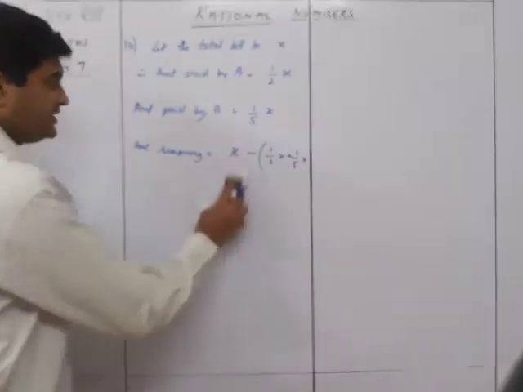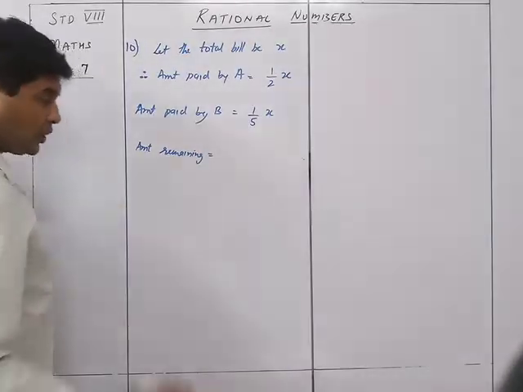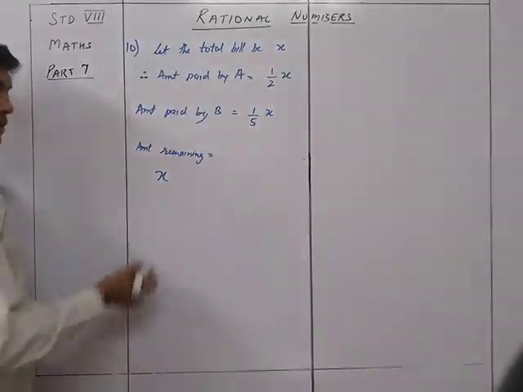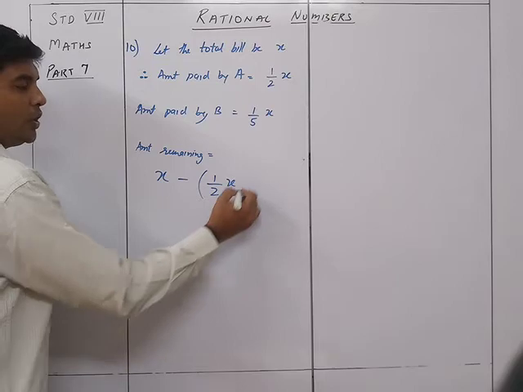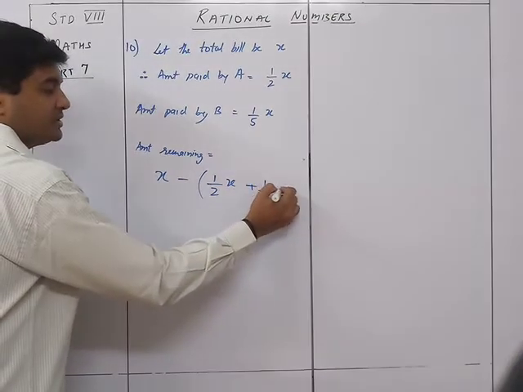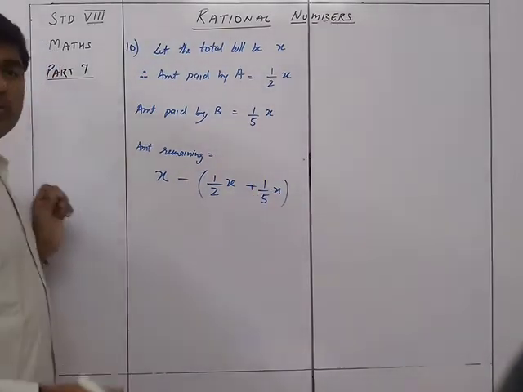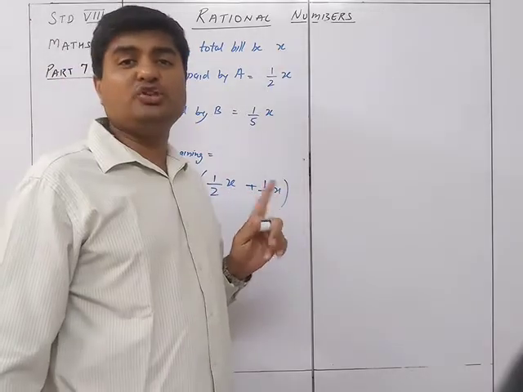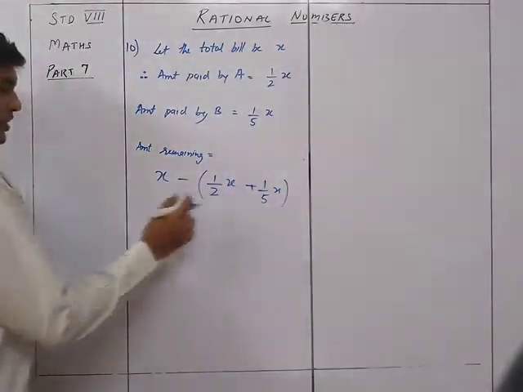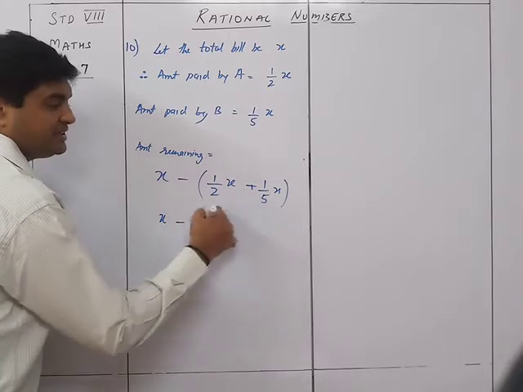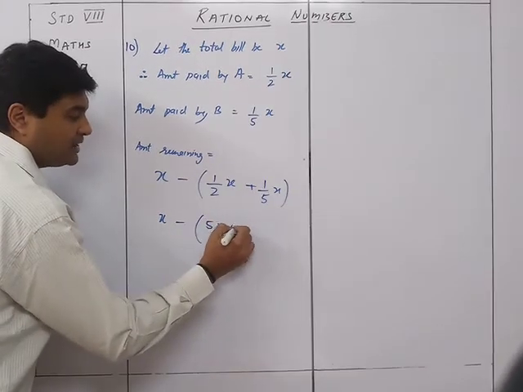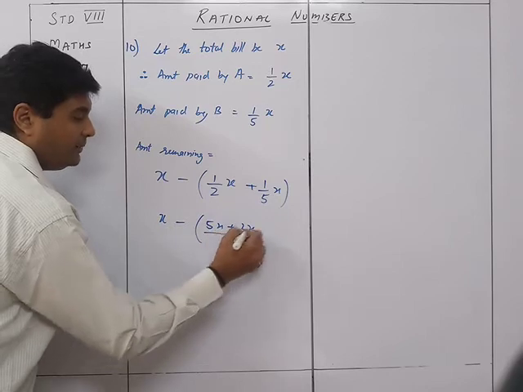Let's understand this. The total value was X. Out of that, A paid 1 upon 2X and B paid 1 upon 5X. So whatever is left, that is what C, D and E are going to share with each other. Accordingly we have X minus, now the LCM of this is 10, so it is 5X plus 2X upon 10.